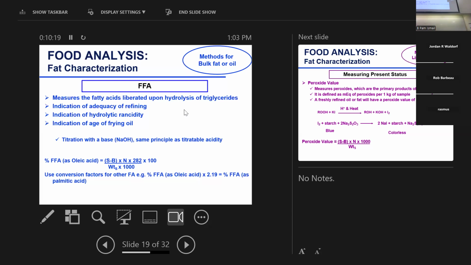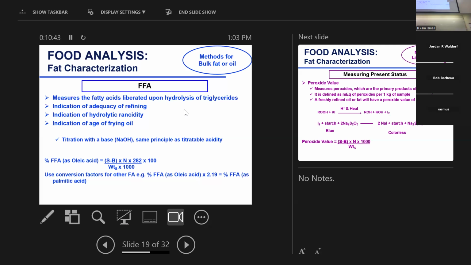So here you weigh your sample and then sample minus blank, the titration. So that means volume of NaOH that you needed to titrate the blank in the presence of phenolphthalein indicator. So you titrate to a pink color. Phenolphthalein in acid is colorless, phenolphthalein in base is pink.